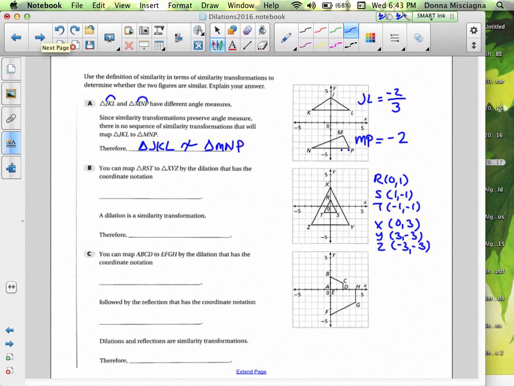Right, so you can map triangle RST to triangle XYZ by the dilation that has the coordinate notation. So we have to identify our dilation, we have to identify the scale factor. Because when we write a dilation, it's going to be written D for dilation, and we're going to have K x, K y, where K is the scale factor.